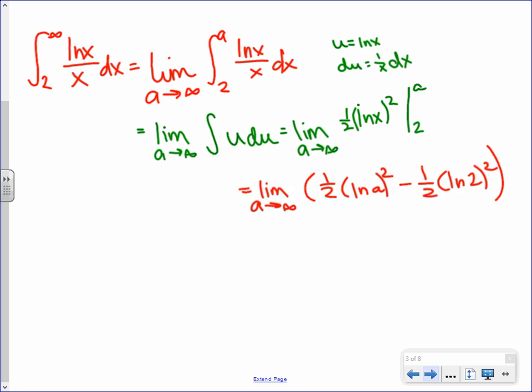Natural log of a goes towards infinity. So this diverges.